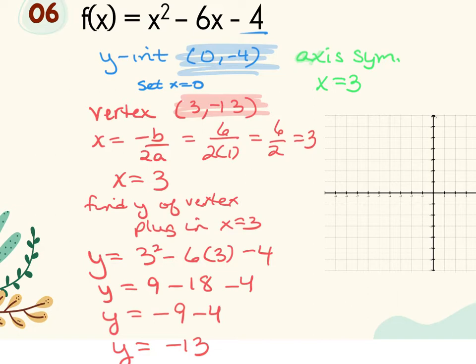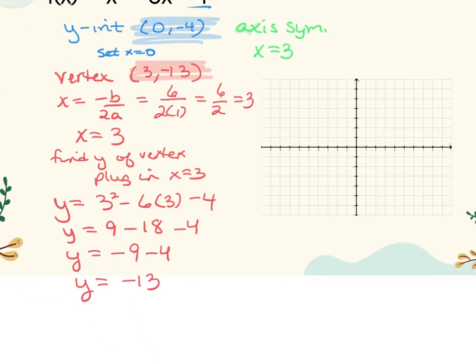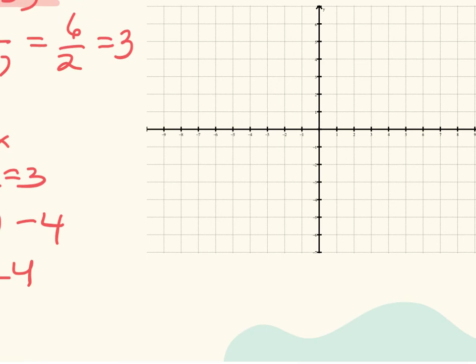So let's get these pieces of information on here. Let's graph your y-intercept. 0, negative. I'm going to make my graph go by 2s so I can get 13 to fit. So this will be negative 2, 6, 8, 10, 12, 14, 2, 4.